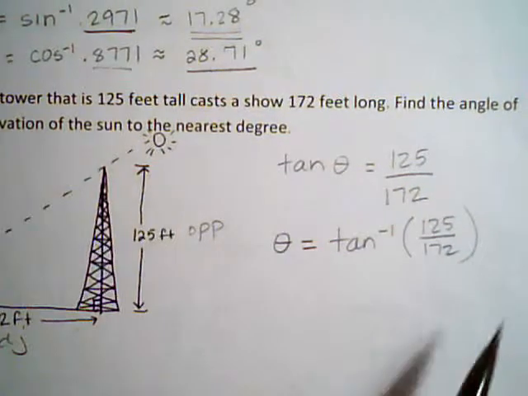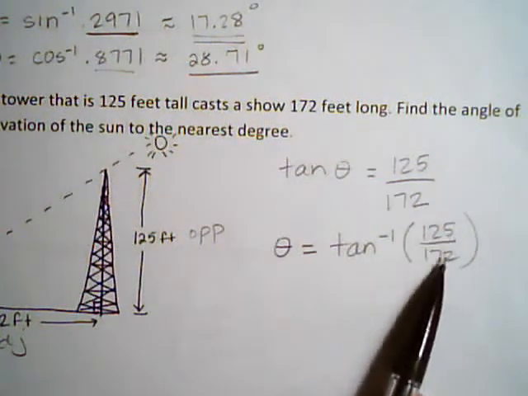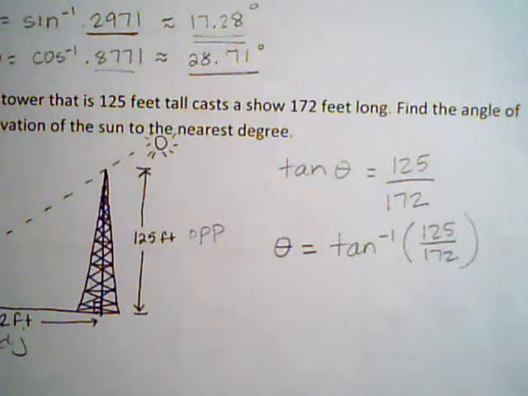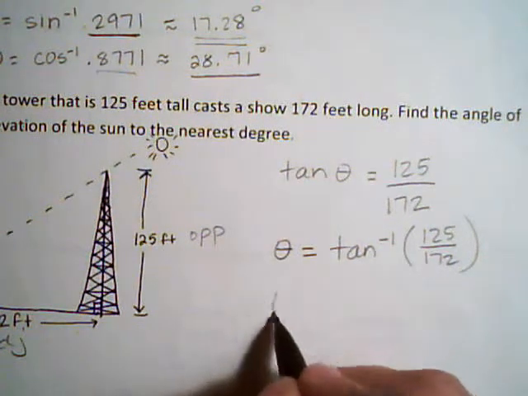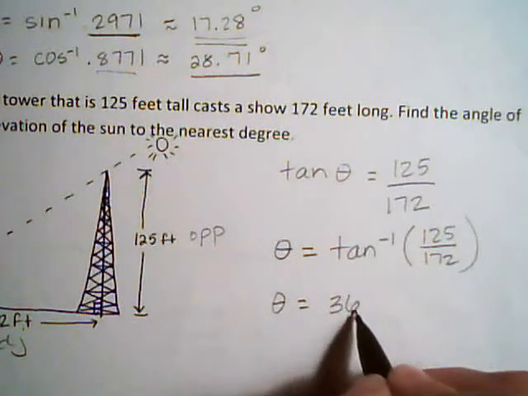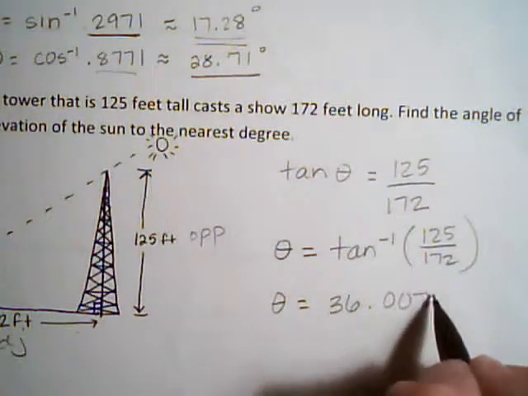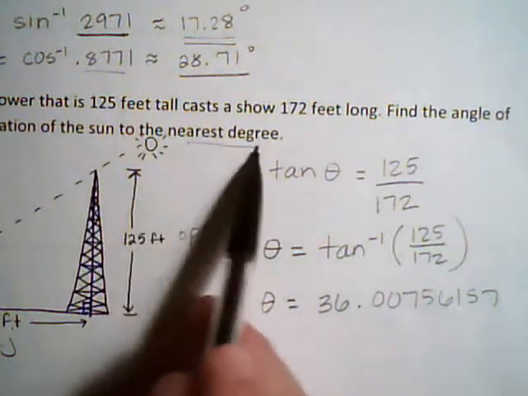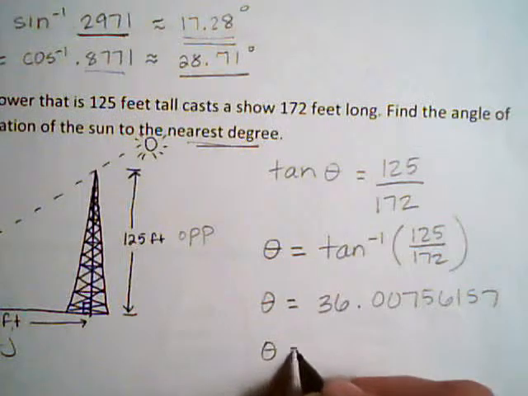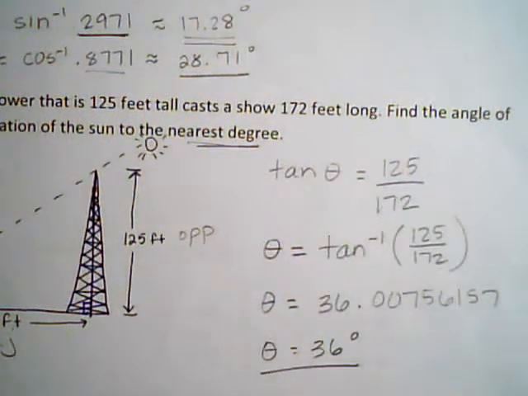I would just keep this in fraction form, or you could go ahead and divide it by 172. Keep that in your calculator, do not round, and then hit your inverse tangent key, so second tangent on my calculator, and that gives me theta equals 36.00756157. It says to the nearest degree, so I round to just 36 degrees.